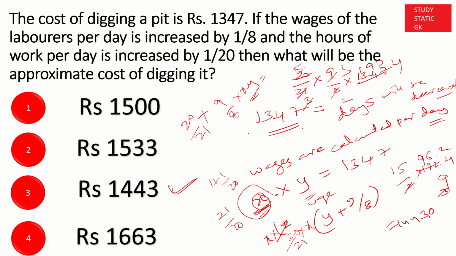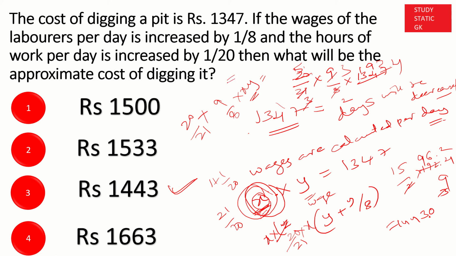Okay. Here actually basically the question is somewhat confusing because generally what we think here, the wages are increased and hours are increased. So we may think here the number of days also increased, but here the number of days are decreased because the working hours per day are increased.